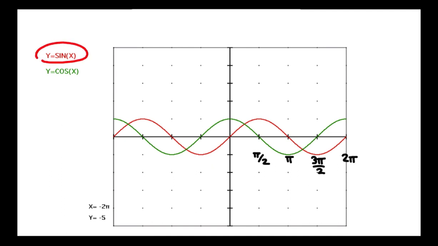Let's start with the sine graph first, since it's the original and the cosine's the derivative. Sine of 0 is 0, of course. But I know that sine of 0 is 0, but what's the slope there? Well, the slope there looks like you're going up 1 and over 1. So the slope is 1? Yeah. Okay. Let me plot that. 1.